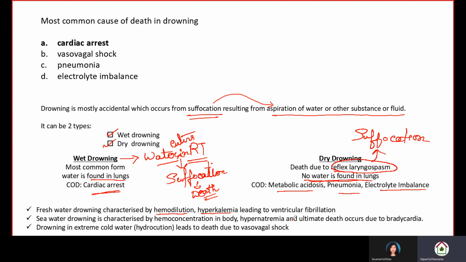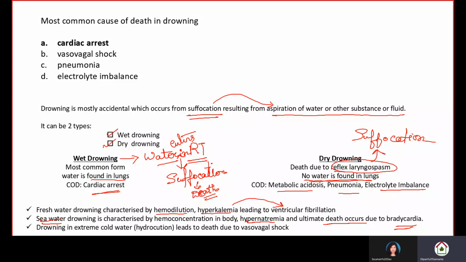There will be hyperkalemia, which leads to ventricular fibrillation. But in seawater drowning, it is characterized by hemoconcentration in the body because it is very saline water, with hypernatremia, and ultimately death will occur due to bradycardia.